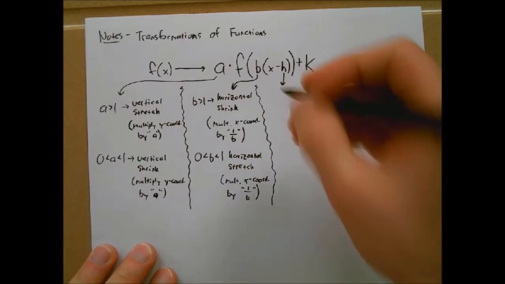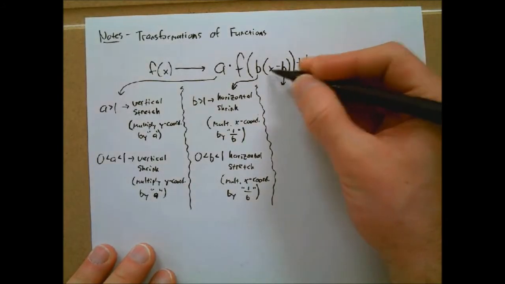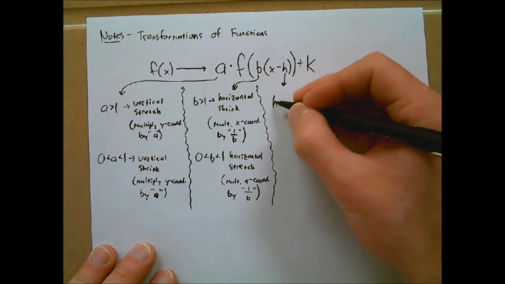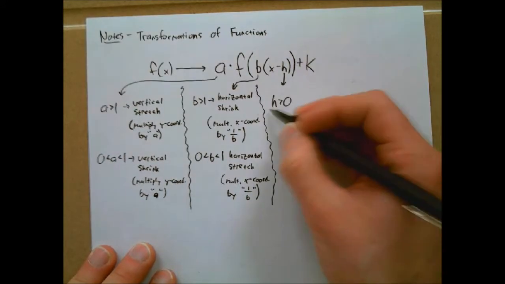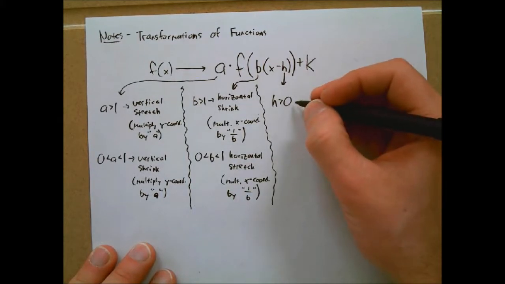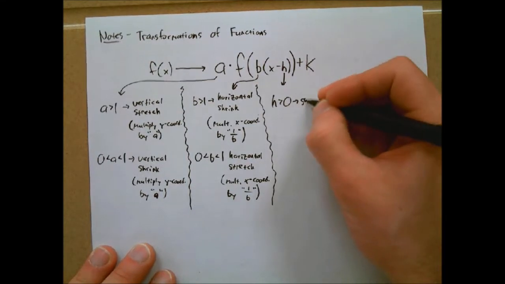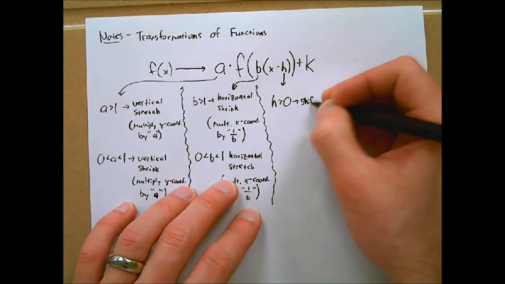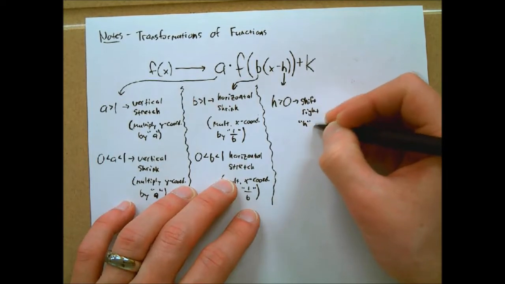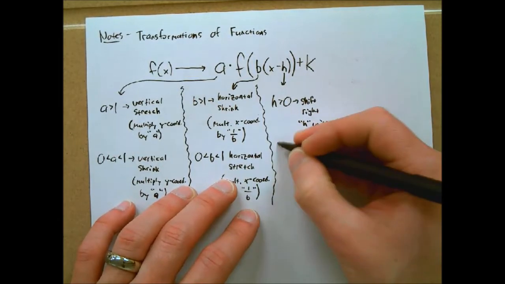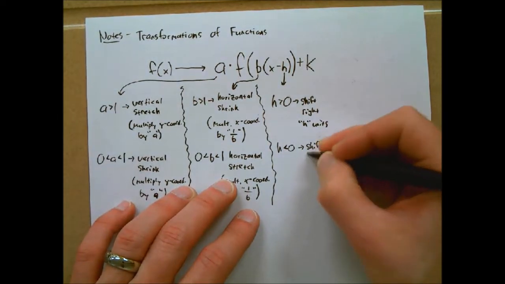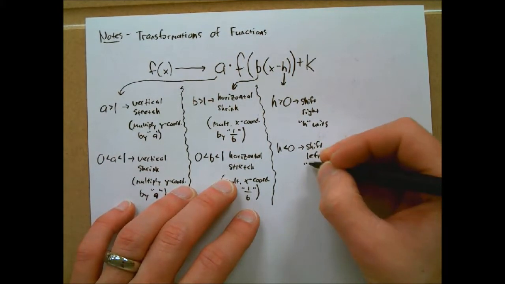Now, I have it set up this way for a very specific reason. I already have a minus h here. So if I subtract a positive h, if h is greater than 0 here, I'm actually going to move to the right h units. Okay, and if h is less than 0 here, I will shift it left h units.